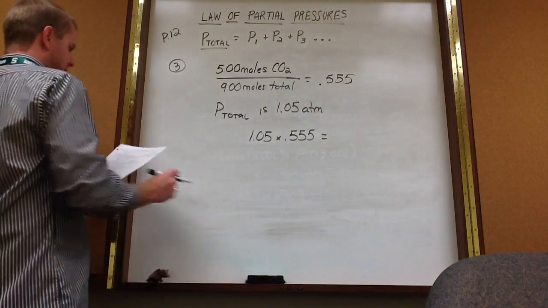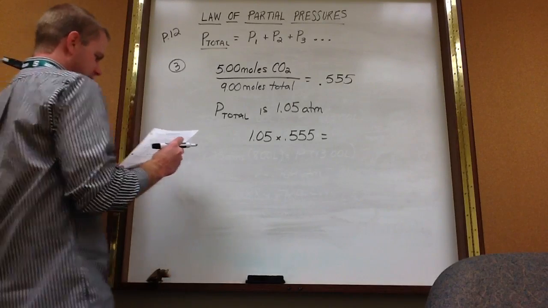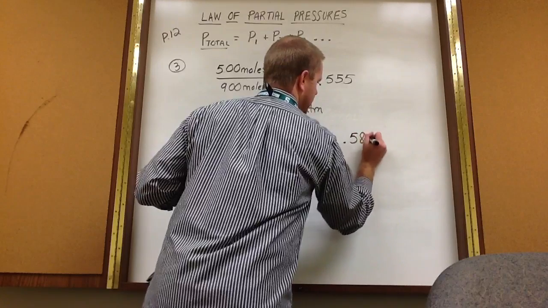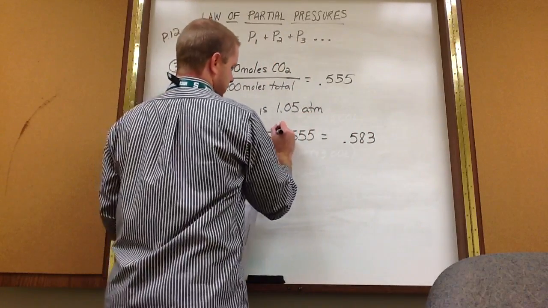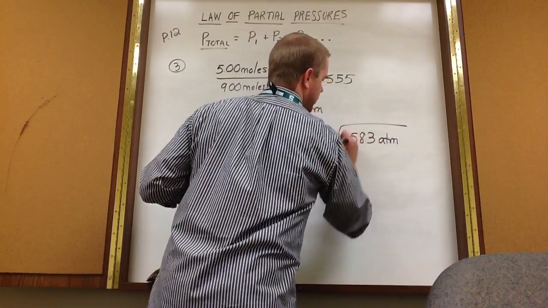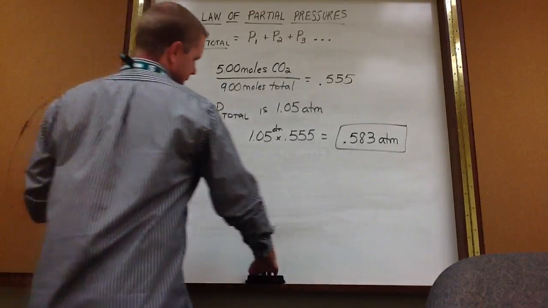You do the math on that, 3 significant figures, and the answer is 0.583. Now, once it's a pressure, we started out with atms, so the answer is in atms. There's your answer. All right, let's keep going.